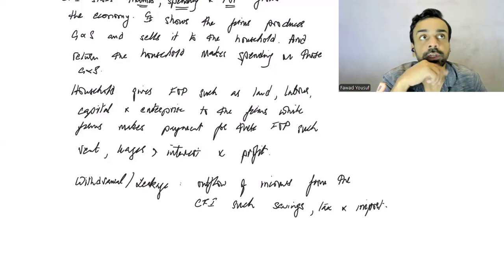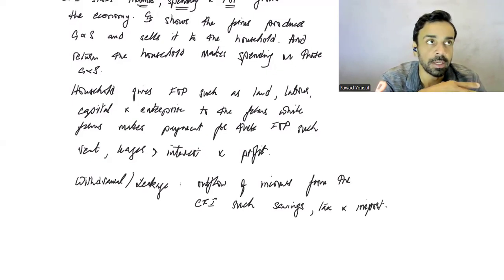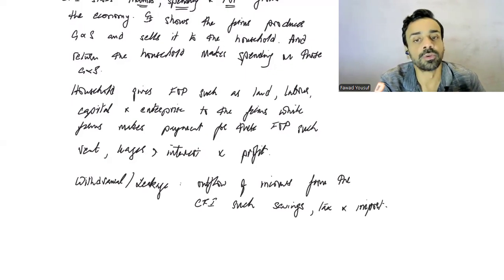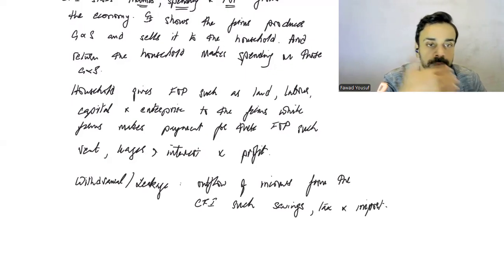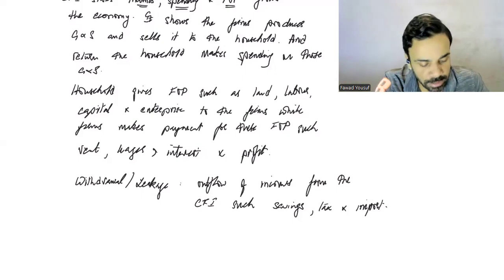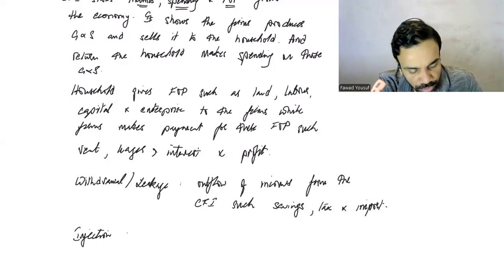ठीक है? I'm mentioning all of them. Later part of the question के अंदर I will explain कि किस तरीके से in a closed economy कौन कौन से withdrawals और injections होते हैं, and injections के अंदर what is injection और कौन कौन से injections होते हैं.